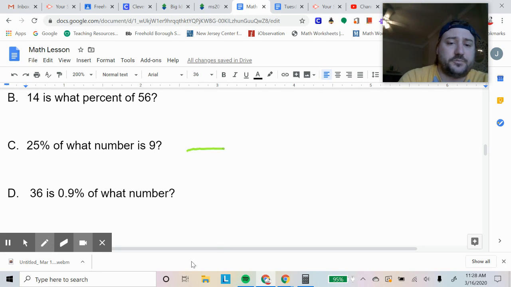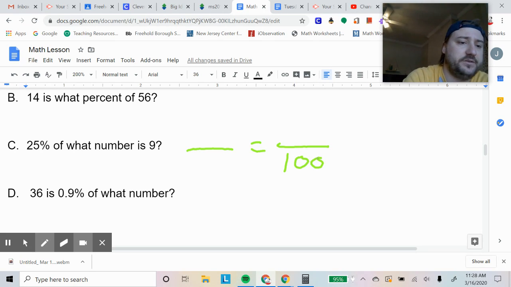So you write your proportion: 100 on the bottom. 25%, we see this percent sign. So even though, yes, there's an of here, you see the percent first. That's why we're going to put it above the 100. And then of what number, we don't know what that is.